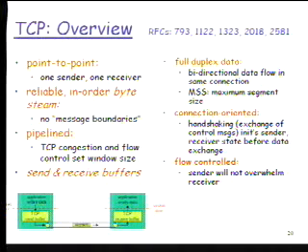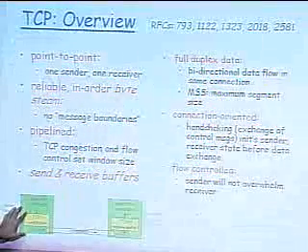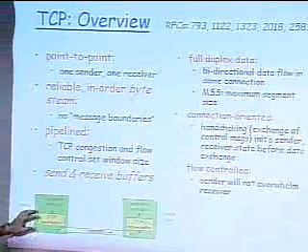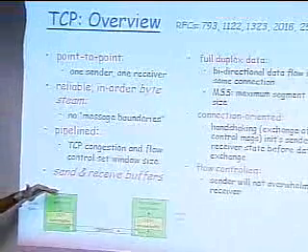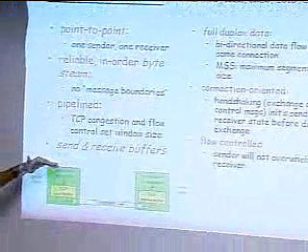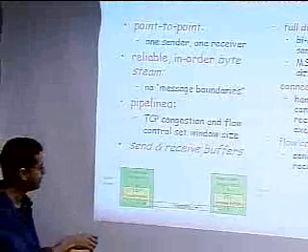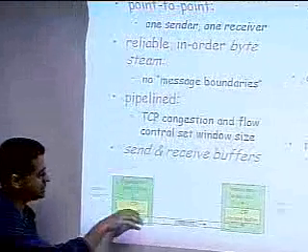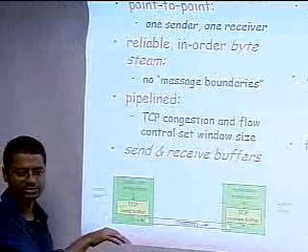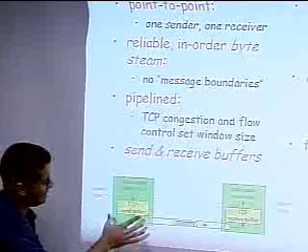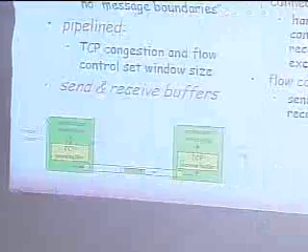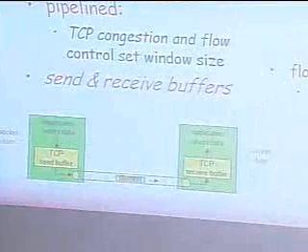In TCP, both at the sender side and the receiver side, there is a buffer. The buffer exists in the transport layer. The application writes data to the transport layer. In the transport layer, there is a buffer of some finite size.